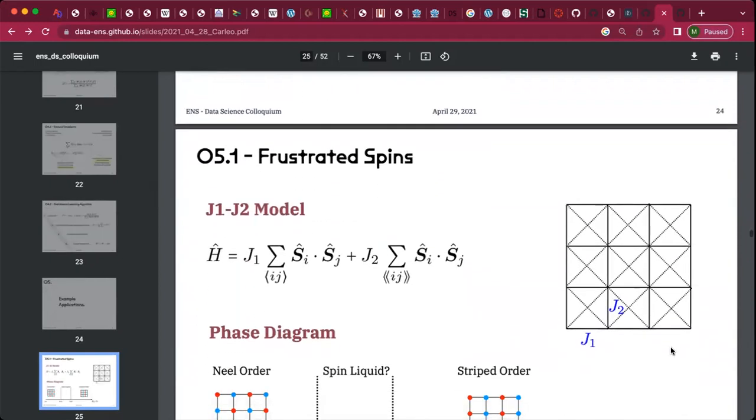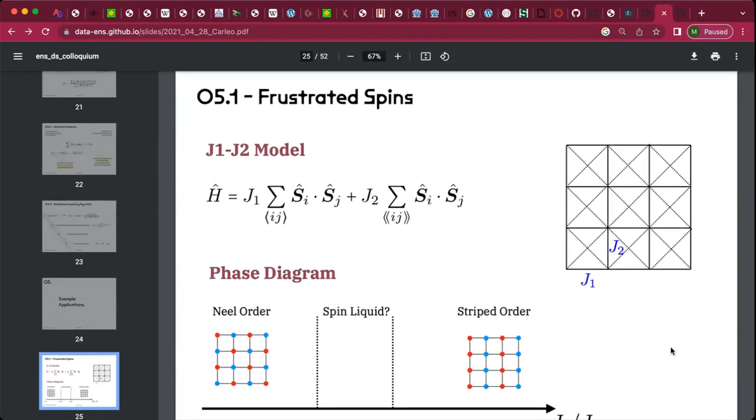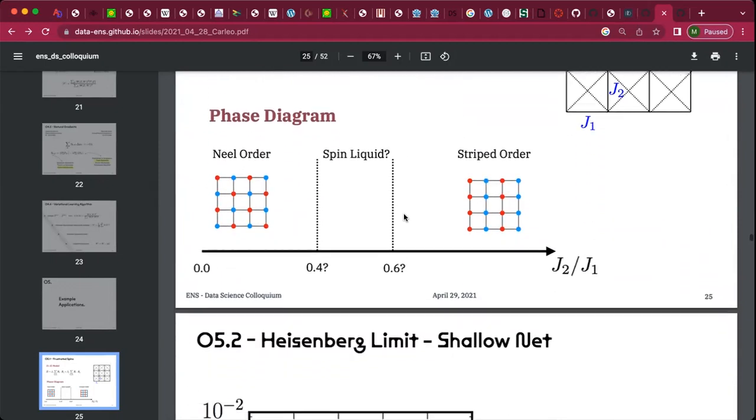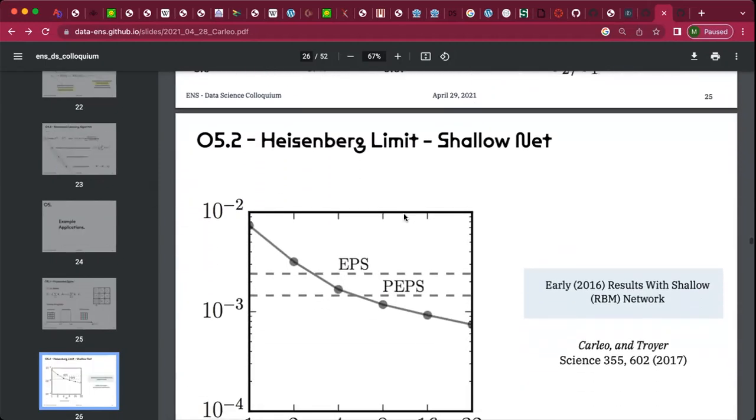There are several examples here, and you will see that the type of models which are implemented are models which deal with spins. And these are typical Ising type based models where you sum over the nearest neighbors. You have something which is called J1, J2 models. If you go down, you will find the Heisenberg model.